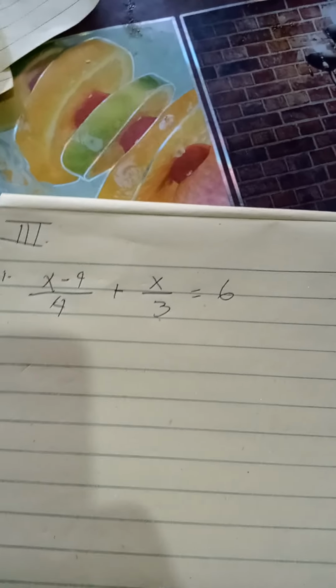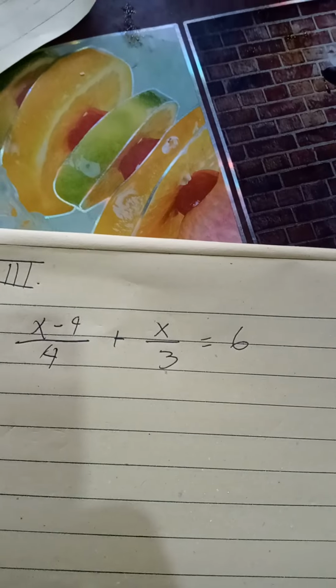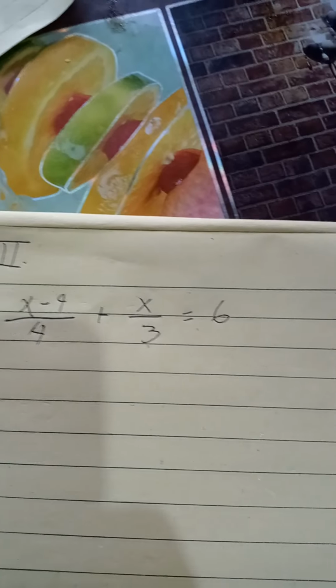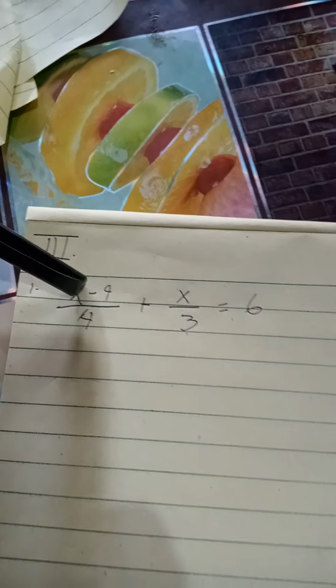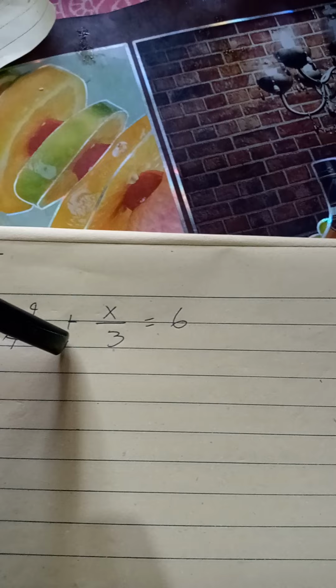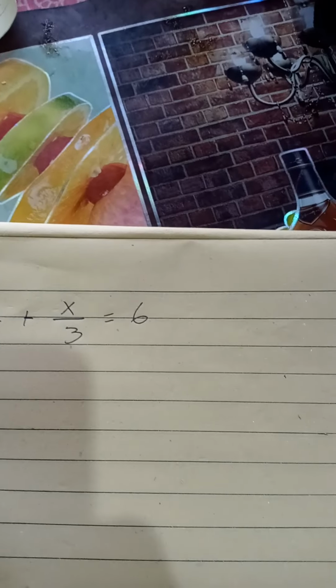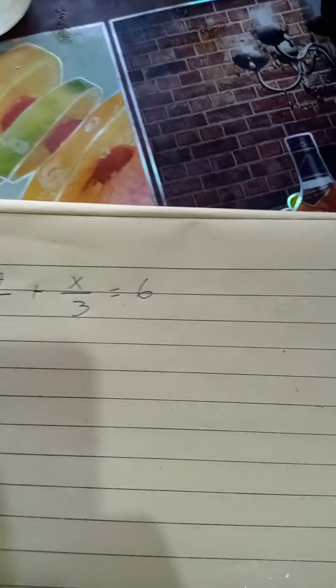So next we're going to answer a rational equation. Our question here is x minus 4 over 4 plus x over 3 equals 6. So multiply by both sides.